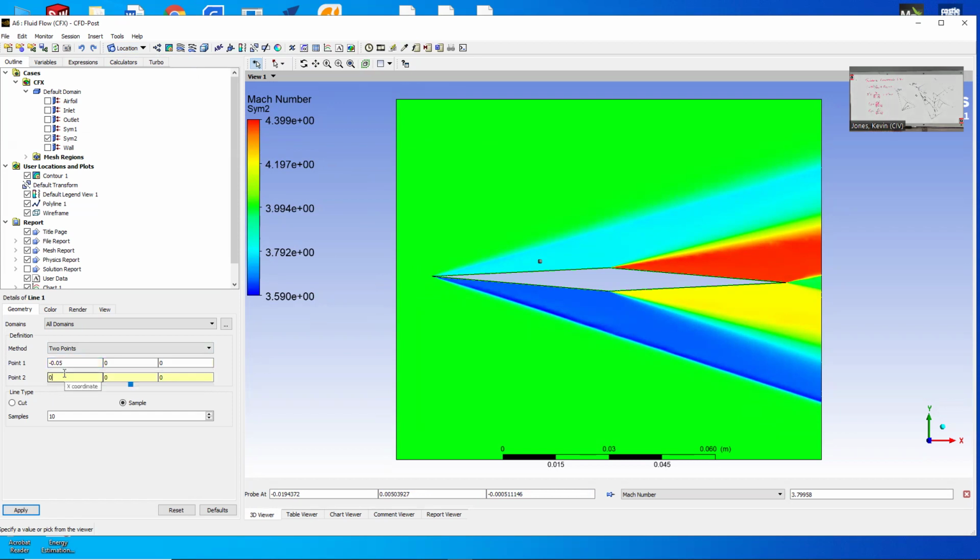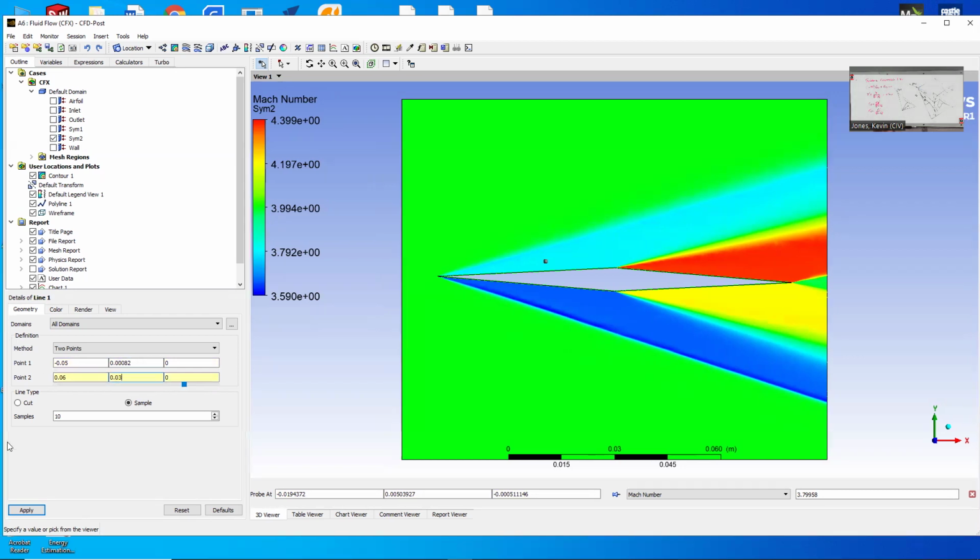And it ends at 0.6. And we're 1 degree. I forget what this is. It's like 0.082 or something like that. And then we have to guess at this one. 0.03 maybe. Let's see what that looks like.